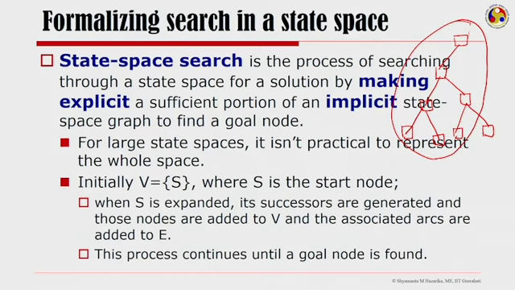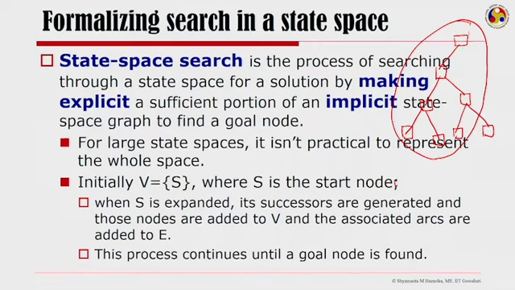For large state spaces, it is important to realize that it is not practical to represent the whole space. So, you initially start with just the start node and then expand the start node S, its successors are generated and those nodes are added to the set V and the associated arcs are added to the set E. This process continues until a goal node is found.